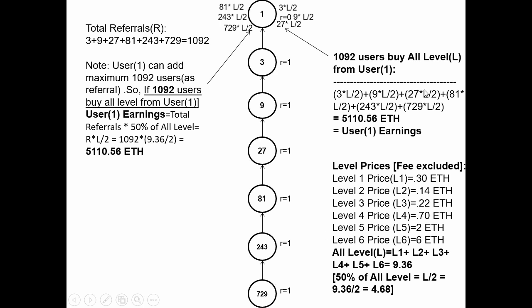So if you calculate this, then you will get 5000 plus Ethereum. Here you can see if this user brings all these 1092 people, and all these users buy the levels from user 1, then he will get 5110 Ethereum.